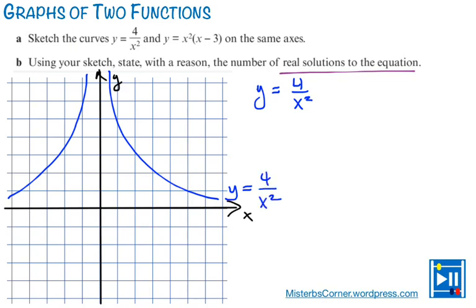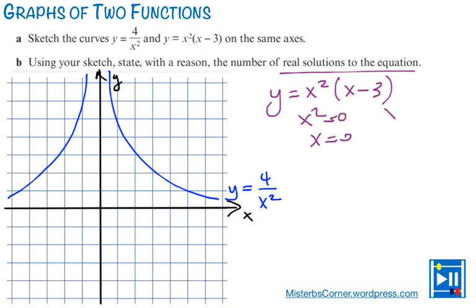So this is y equals 4 over x squared. As for the cubic, let me get rid of this bit. It is going to be y equals x squared times (x minus 3). Now there's a double root at 0, so I'll go like x squared is 0, so x is 0, and x minus 3 is 0, so x is 3.